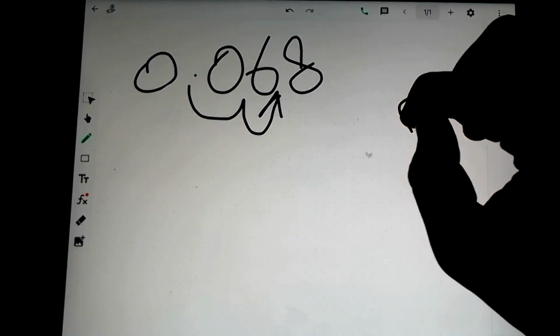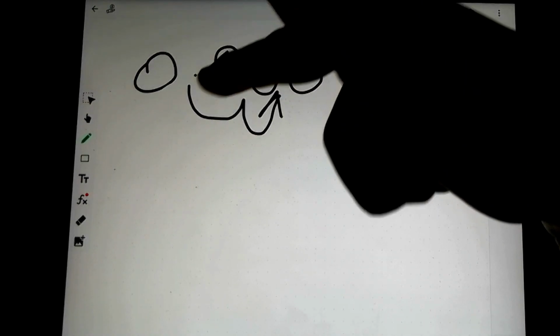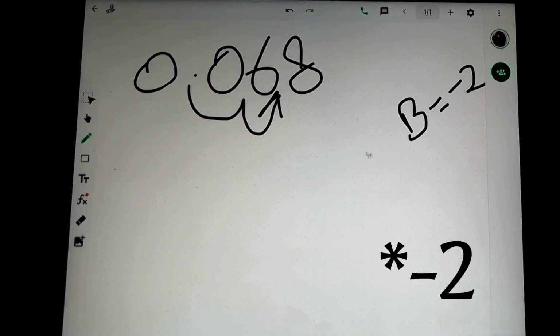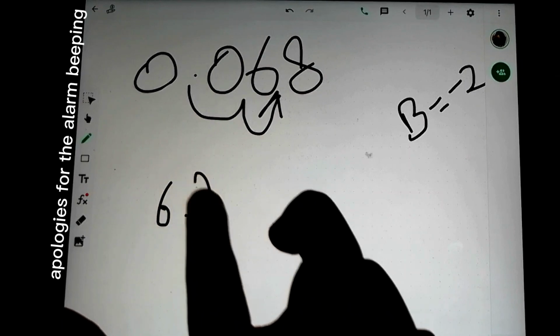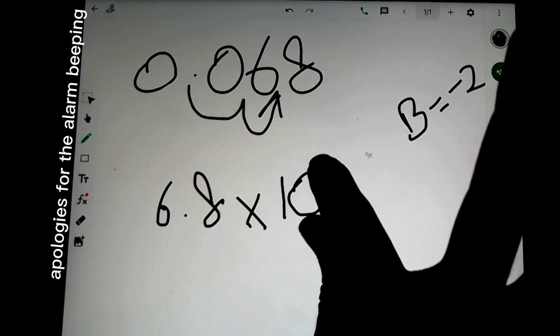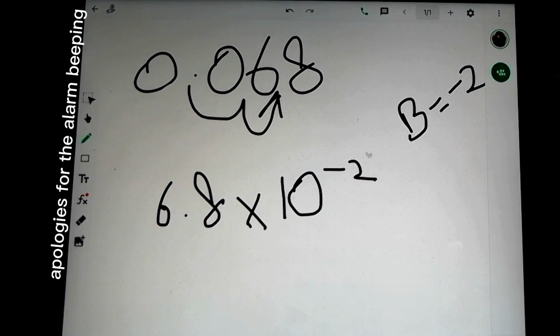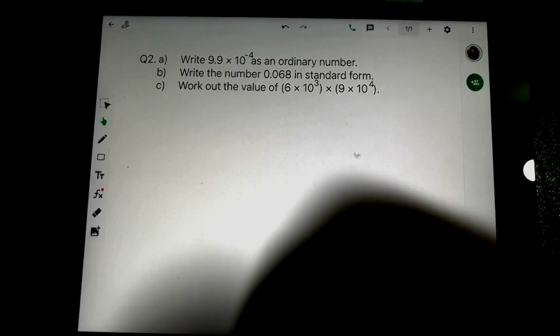So our B is not positive 2 but negative 2, because when it's a smaller number, B is negative. And A will be our new number, which is 6.8, multiplied by 10 raised to the power B, which is minus 2. So that is our answer: 6.8 multiplied by 10 raised to the power minus 2.